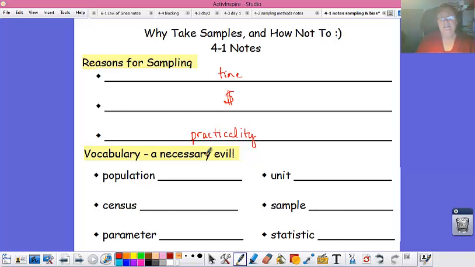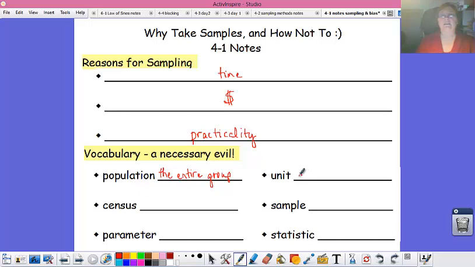So we've already kind of delved into the vocabulary, and I used the word population and census several times there. A population is the entire group that you're interested in studying, everyone, okay? So it might be all of high school students in America, or it might be the entire student body here at Clio High School. The entire group is a population.